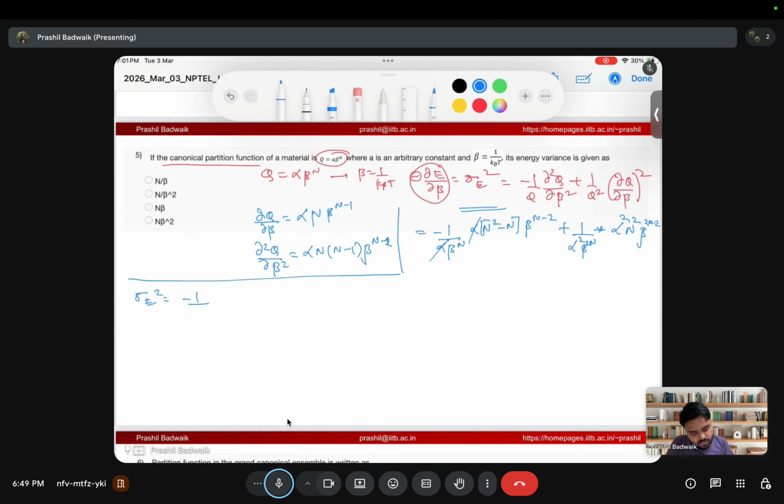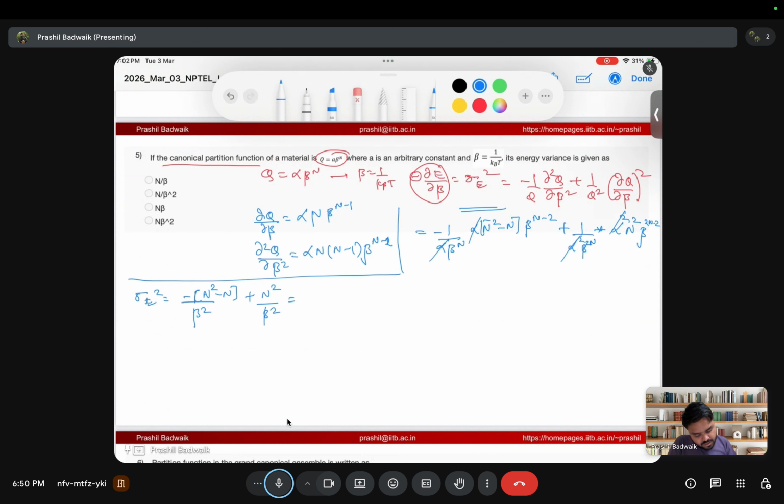So this is equal to beta raised to the power n minus beta square will be there, right? beta square n square minus n, and then there is a minus sign, plus alpha square cancels, n square will be there, and then beta 2n gets cancelled, so it is 1 by beta square.